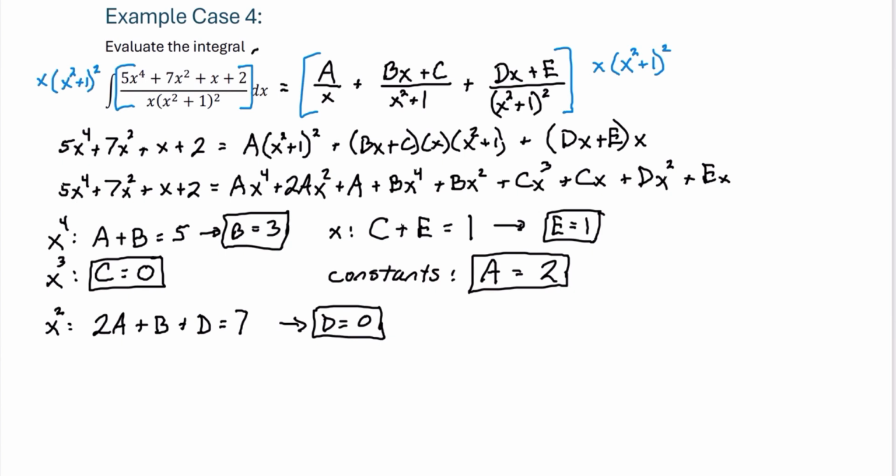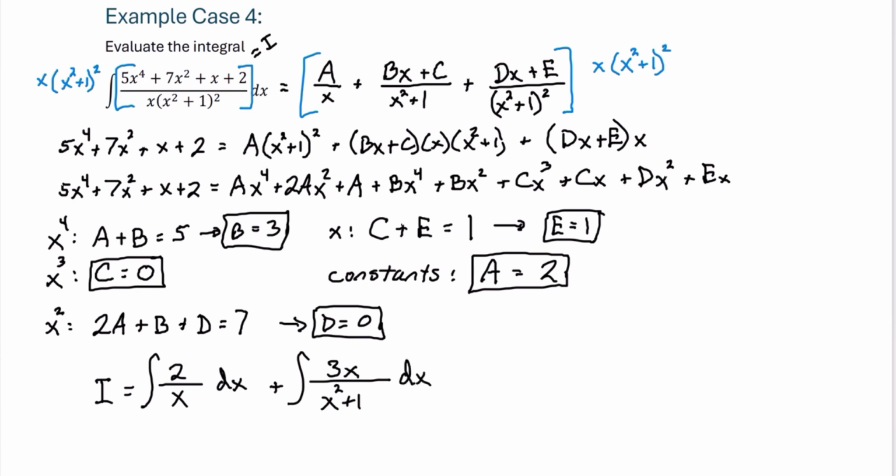To save time, I'm going to call the original integral I. I is equal to the integral of a, which is 2, divided by x, plus the integral of bx plus c, where b and c are 0, divided by x squared plus 1, plus the last integral, d is 0, e is 1, divided by x squared plus 1 quantity squared, dx.